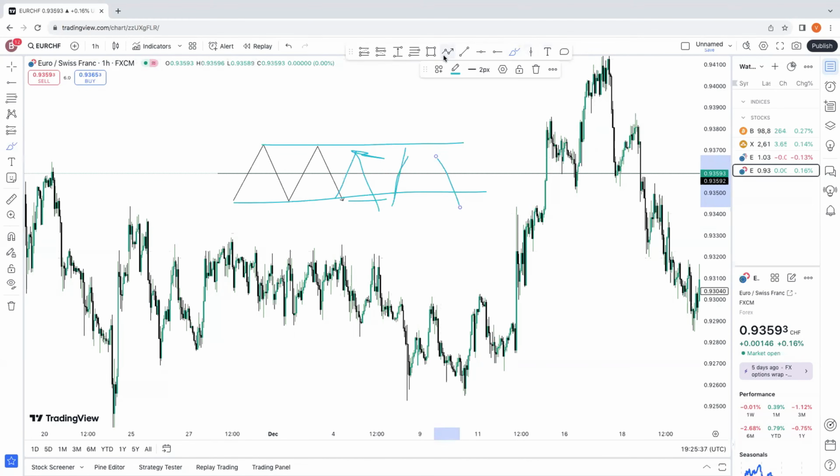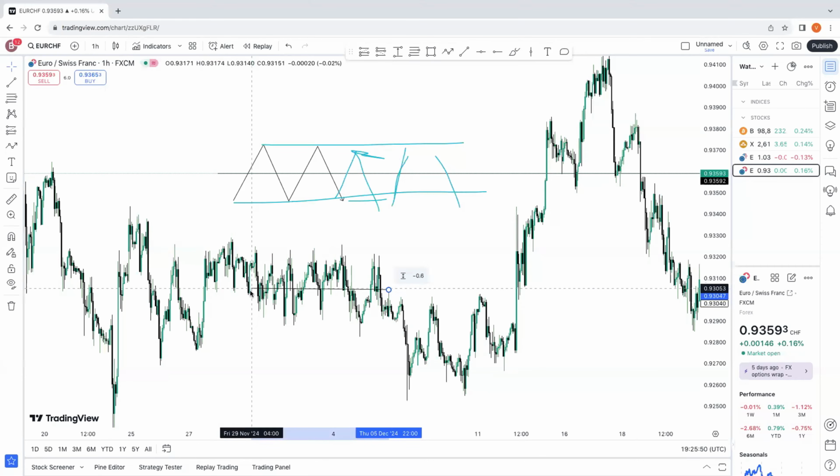This is what happened here. Look at our consolidation zone, right? So let's say this is the 50% line. It means that whenever price gets below this 50% line, I'm going to be buying, right?